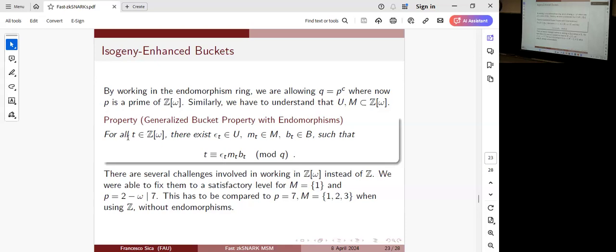Because we're going to deal with elements in Z omega, Q is going to be a power of a prime in Z omega. So this whole congruence will actually happen in the ring Z omega, which is a Euclidean ring. So it's basically like Z, except that it's some complex numbers. So P in our construction is the prime 2 minus omega, which is one of the primes above 7. 7 splits into 2 minus omega and 2 minus omega squared.